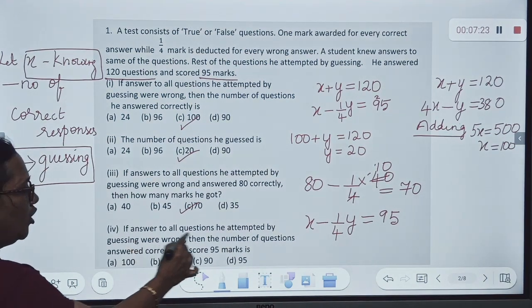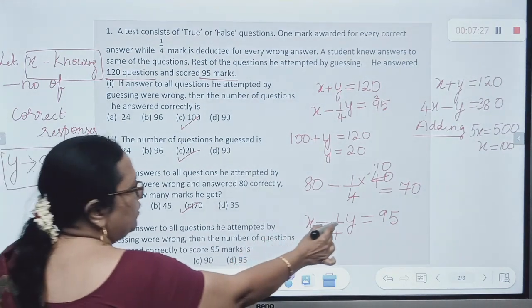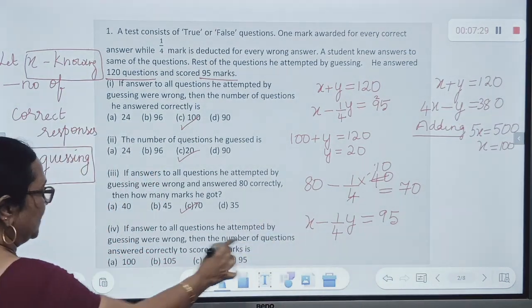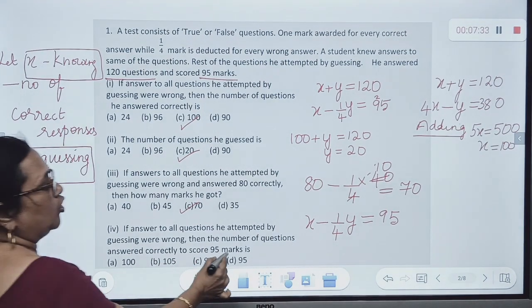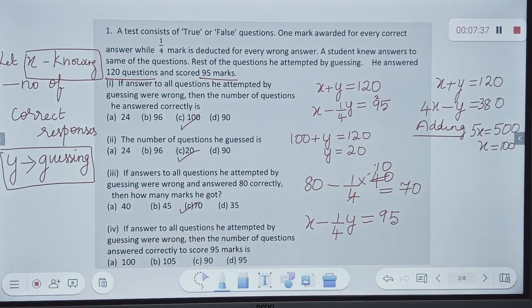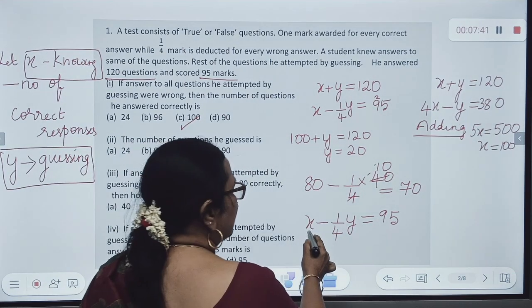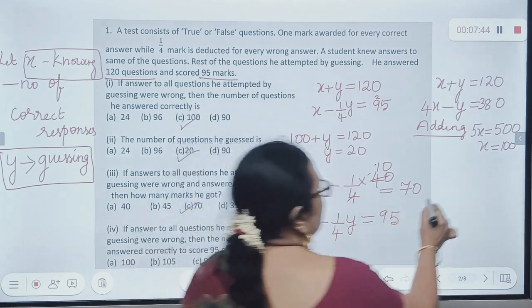If answer to all questions he attempted by guessing were wrong, so he is losing 1 by 4 into y. And the number of questions answered correctly, we do not know. But we know the total score, which is 95. So you have to find what is the value of x. Now, but we know x is what? X plus y is 120.